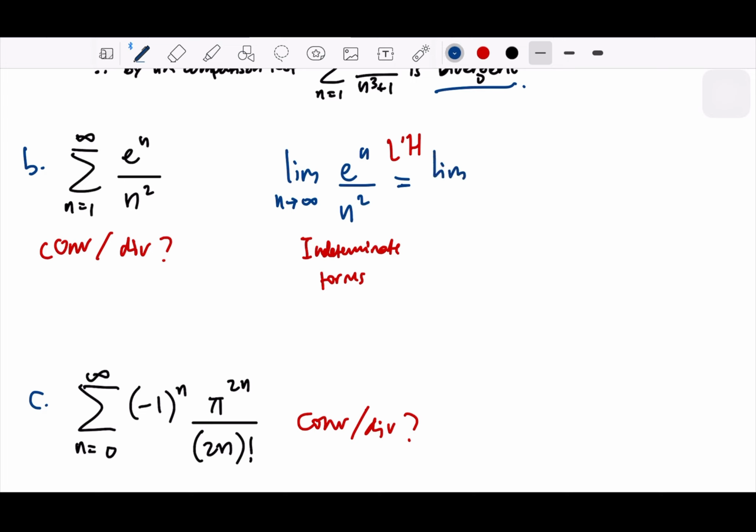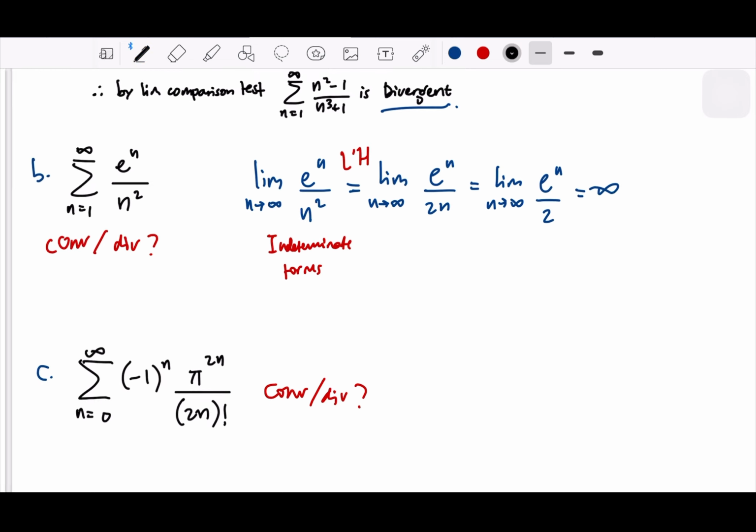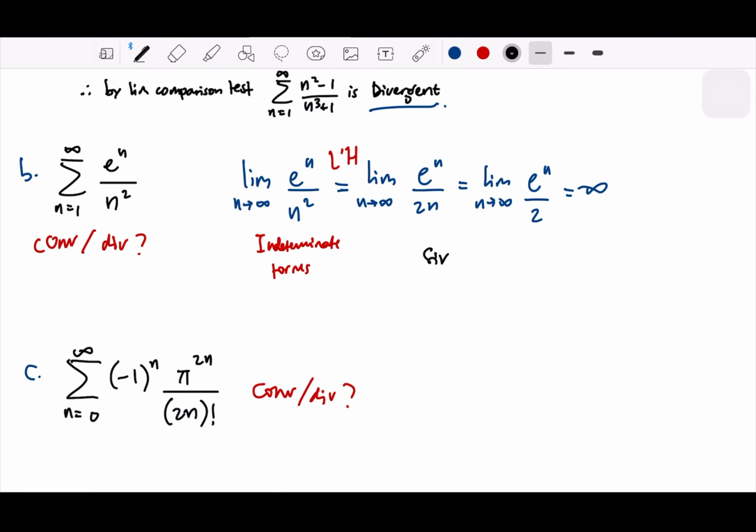So we can take the derivative, still e to n, and it's 2n, and then we take another one, and we will see that it's actually getting an infinite number, which means that the series is diverged. Since, by divergence test, or it's too long, maybe just take the conclusion.